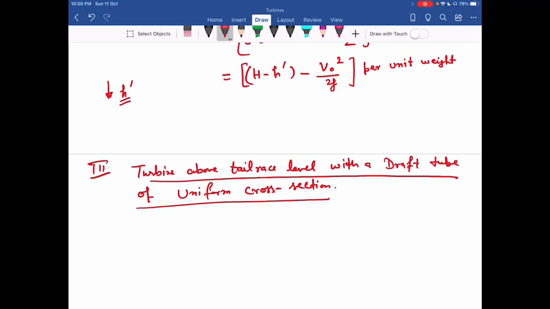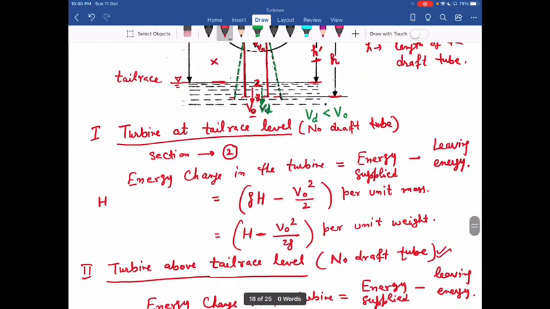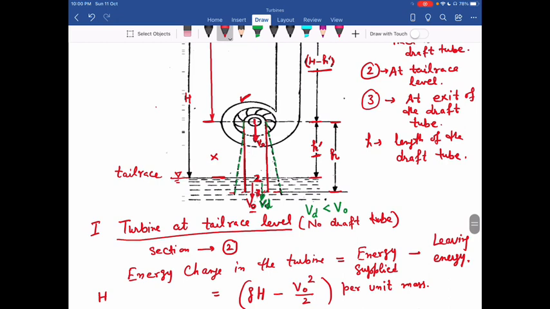Okay, so if we use a draft tube of uniform cross section, the velocity here you can see is VO. The same is at the outlet if we neglect the friction of the draft tube. So at the inlet to the draft tube at section 1 and at section 3, the velocity is same as VO.